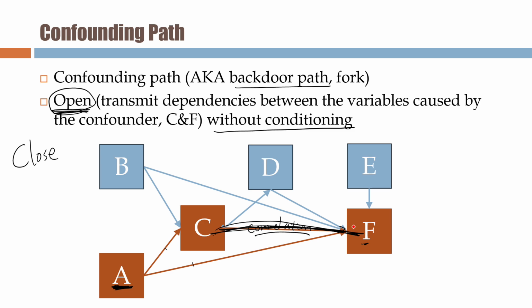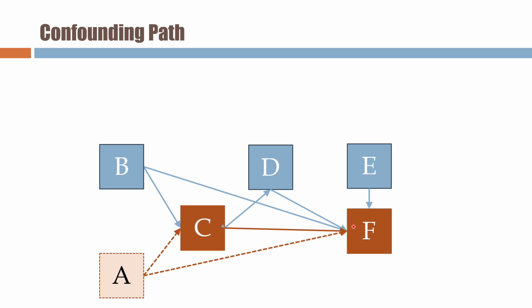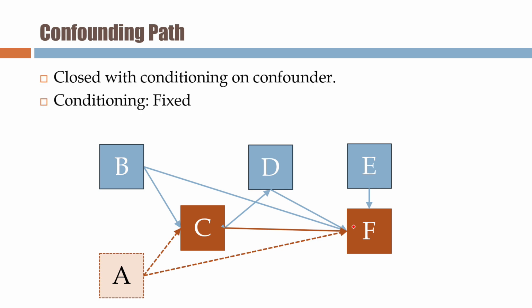I will show you a very simple example. When we condition on A, the path is closed. When we close this path by conditioning on A, if after that C and F still have a correlation, then we might say C causes F. Actually, if there is another confounding path, you have to cut off that one also.